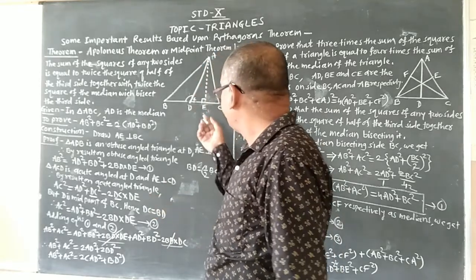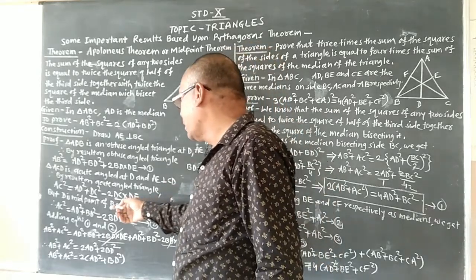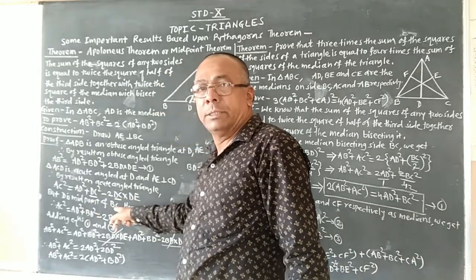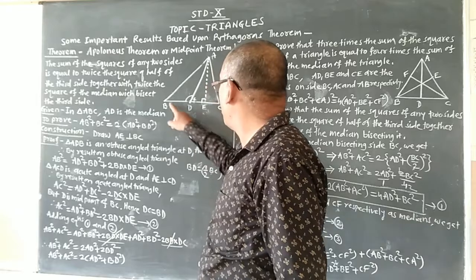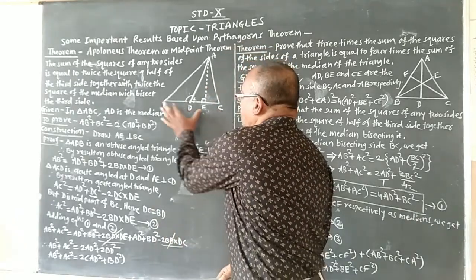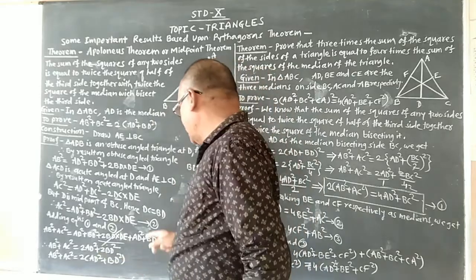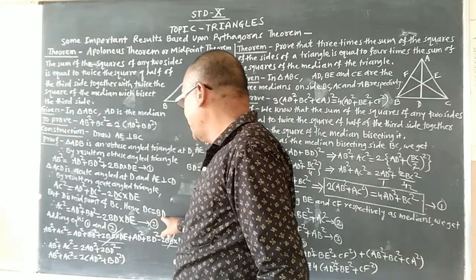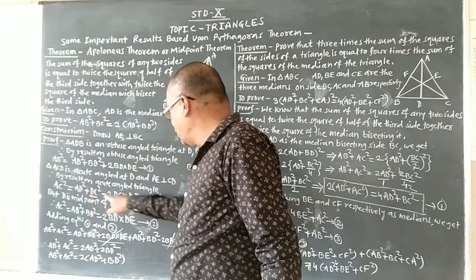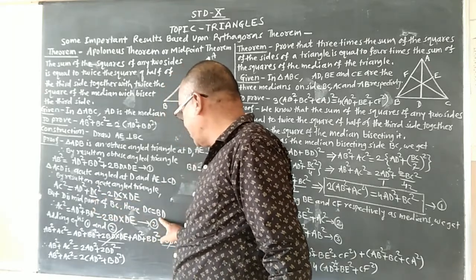here we know that D is the midpoint of BC, and therefore DC equal to BD. Here DC equal to BD, and therefore from these two DC we have to remove these two DC and substitute their BD.